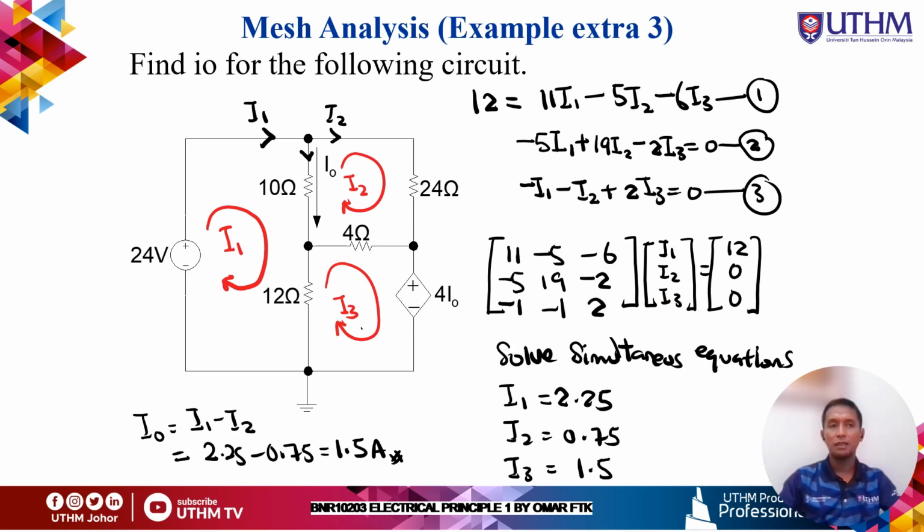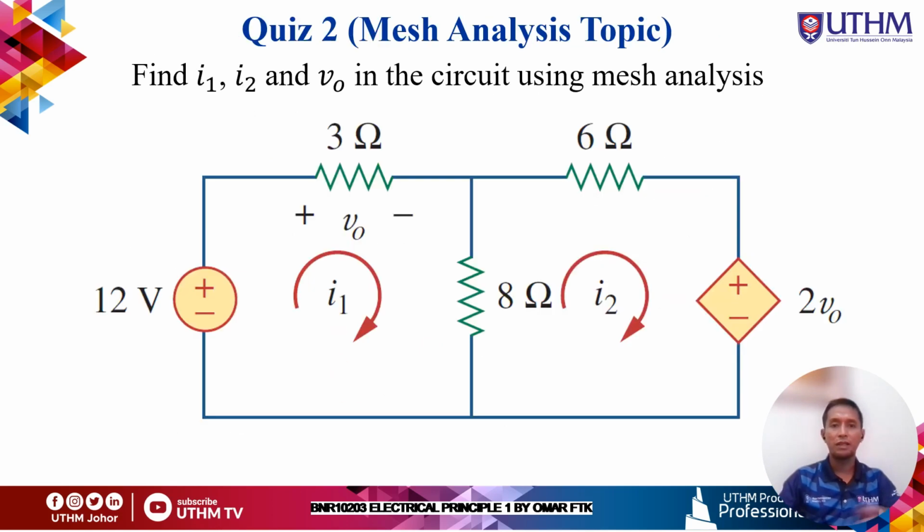Now we go into the next question. So this is the quiz. So you need to copy this question with the circuit on paper, and then you have to write it down and write the answer. Okay, so you can refer to the previous question to understand how it's been done.